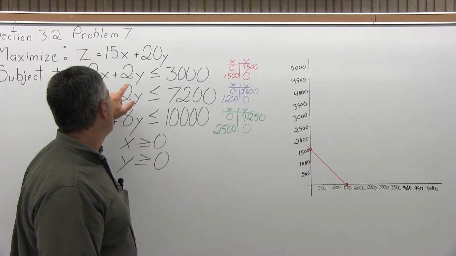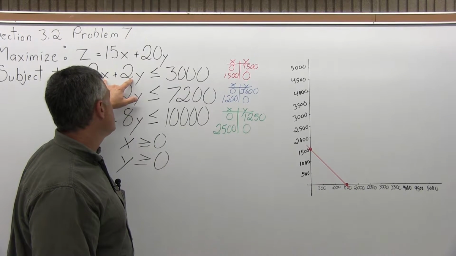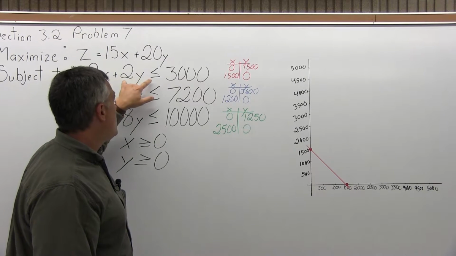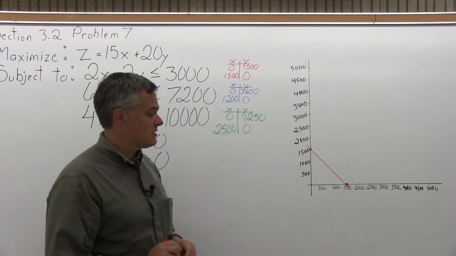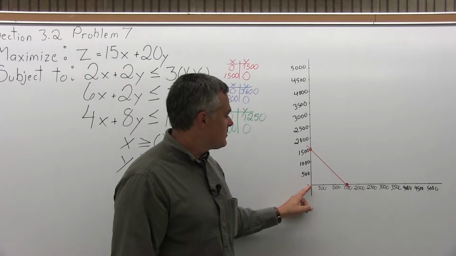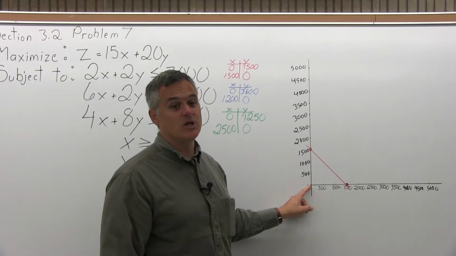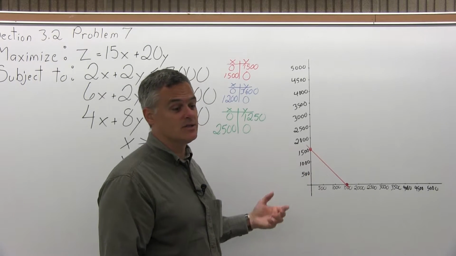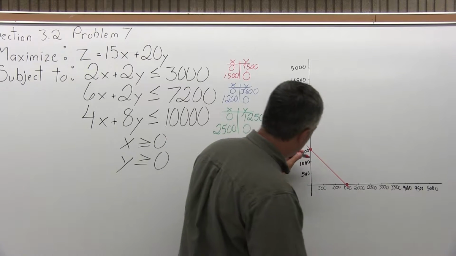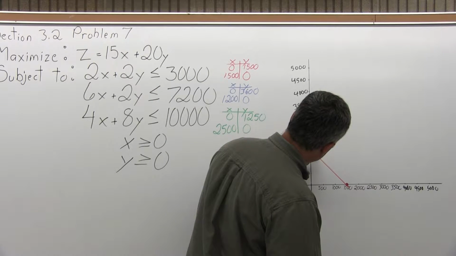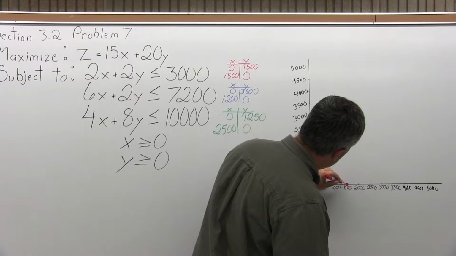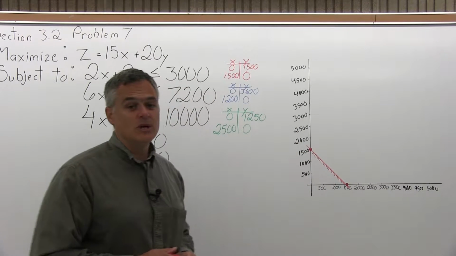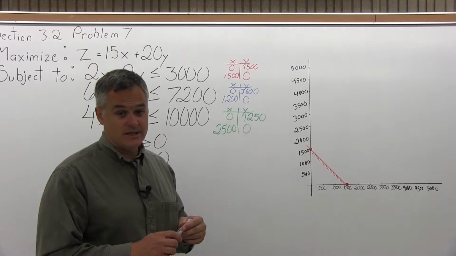If I put in 0 for x, 0 for y, I have the statement 0 is smaller than 3,000, which is true. So my test point came from the underneath side of the line, gave me a true result, so it's the underneath side that is shaded, the side that the test point came from. And I won't shade too much because there are a lot of other lines I have to draw on the graph.